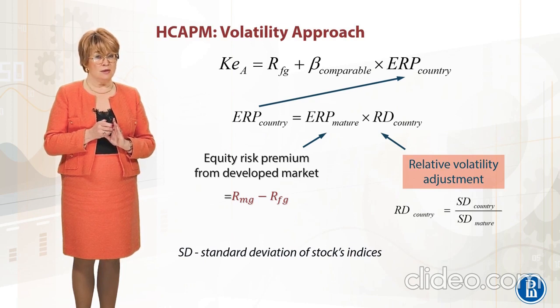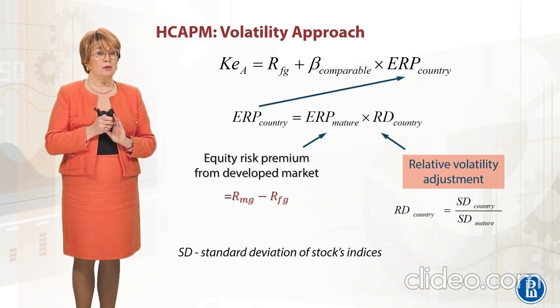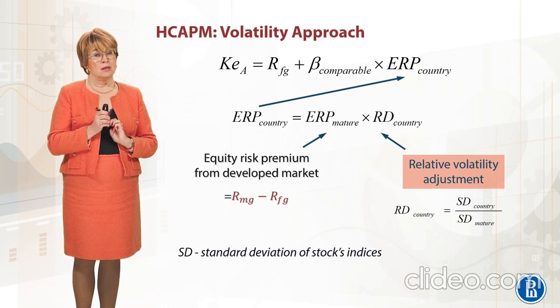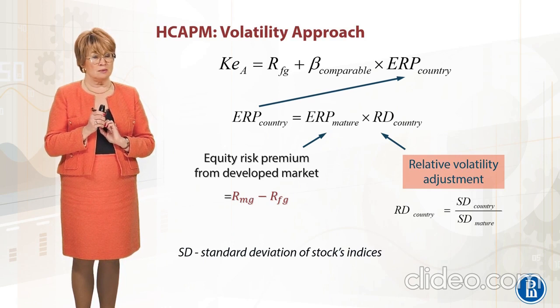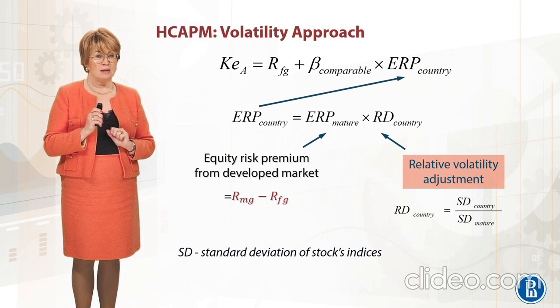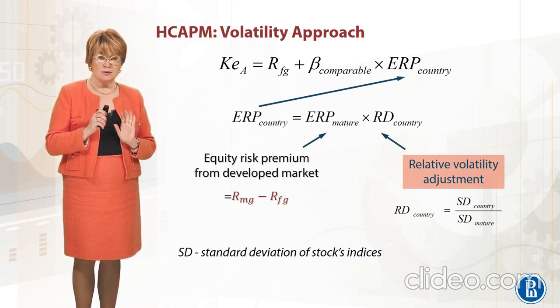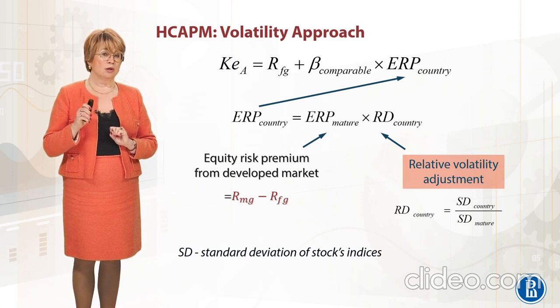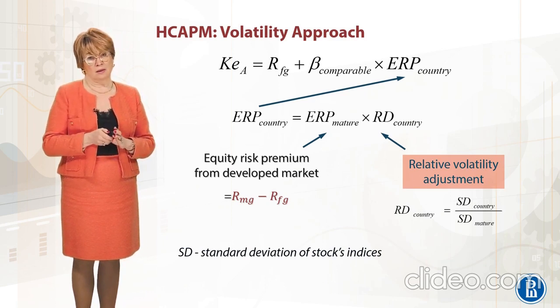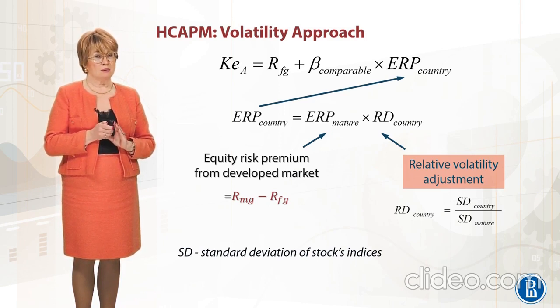You see here the relative volatility adjustment coefficient, which compares the standard deviation of the stock return on the market portfolio in the local emerging capital market, the numerator in the relative volatility coefficient, to the standard deviation of the stock returns in the capital market which is developed, or the benchmark capital market.